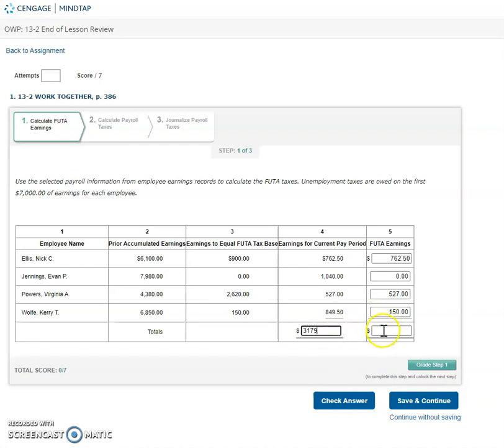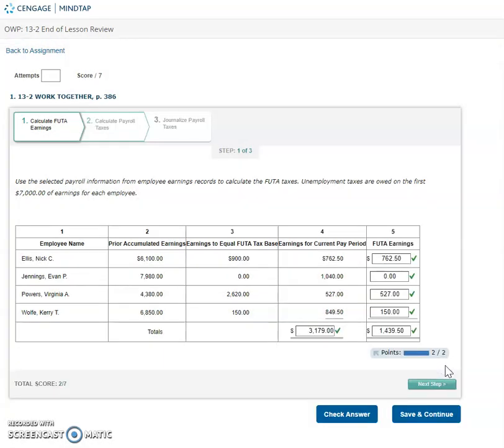And for my FUTA earnings, I get 1,439.5. And I'm going to grade step 1.